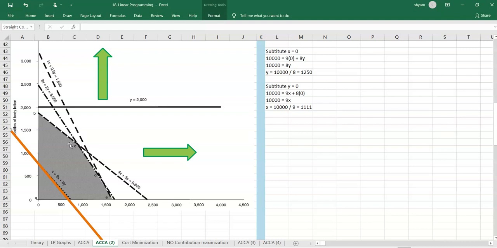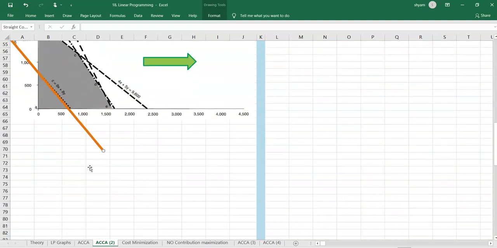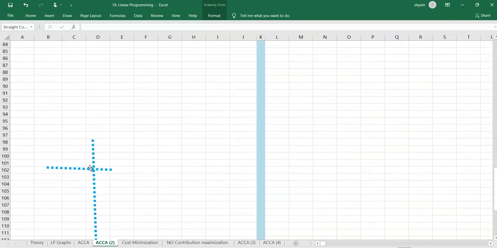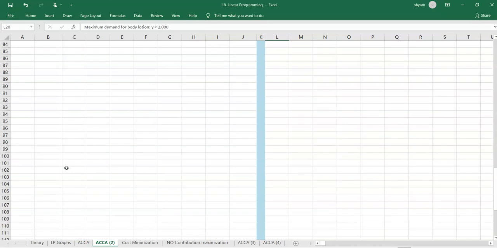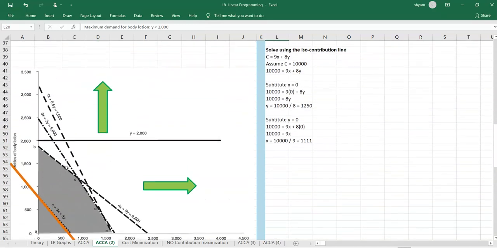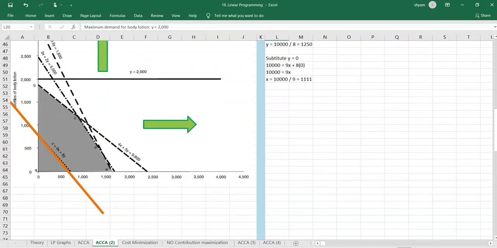So let's look at what the optimum units to produce are. I already have 2 lines drawn. So if C point is the optimum, let's see the production correctly.